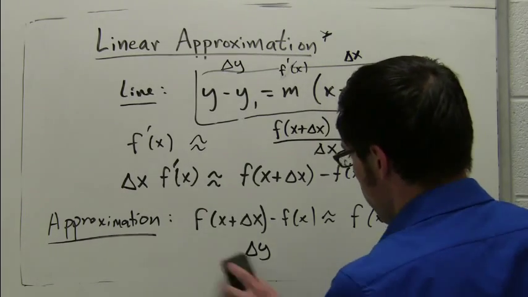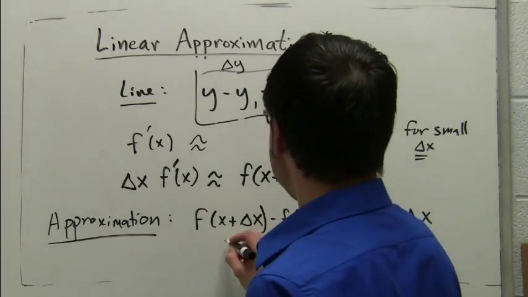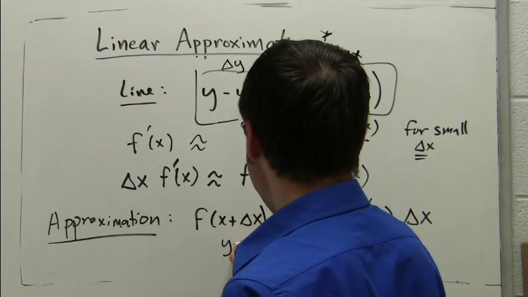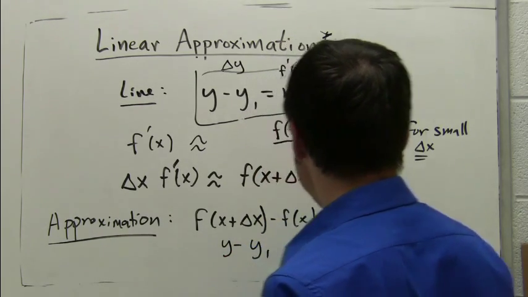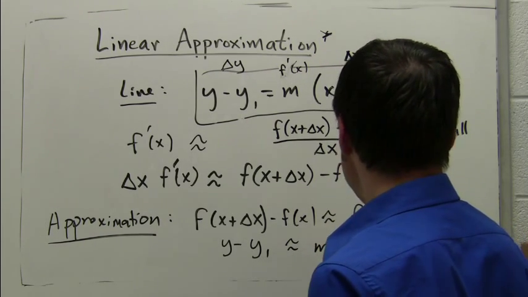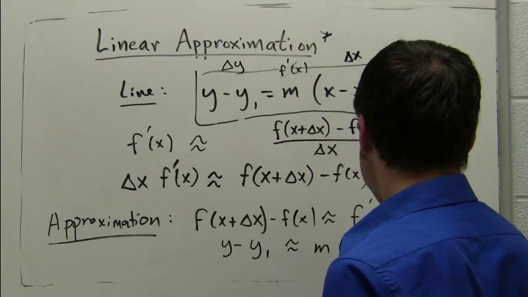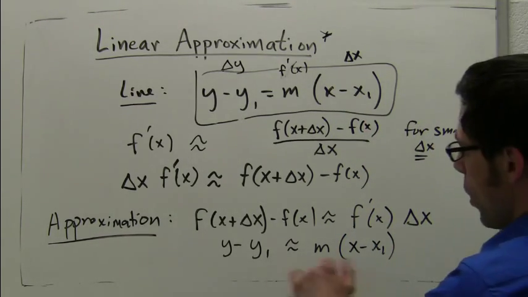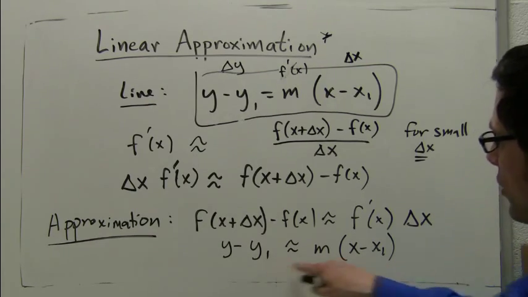And why don't I just write it this way? Just say that really my y minus y1 is approximately, this is your m times x minus x1, right? Because again, my x1, y1 is the point that I'm at.